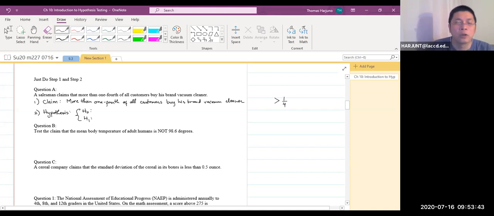Now, more than 1/4 of all customers refers to the P or mu or sigma squared or sigma. Only 4 choices. P, mu, sigma squared or sigma. Now, but 1/4 of all customers refers to proportion, right? Okay, so the proportion of all customers buying his brand is more than 1/4.